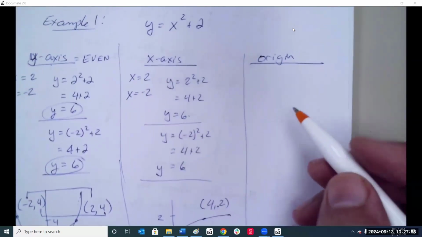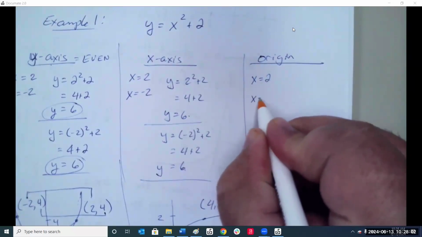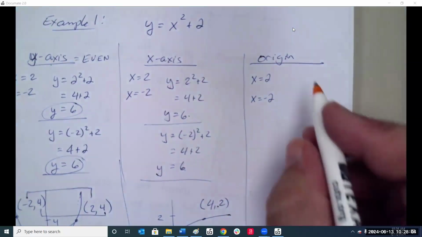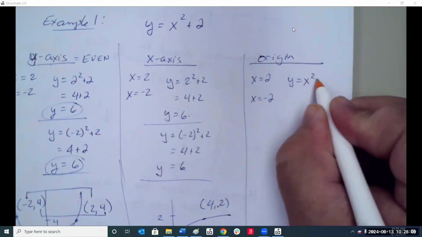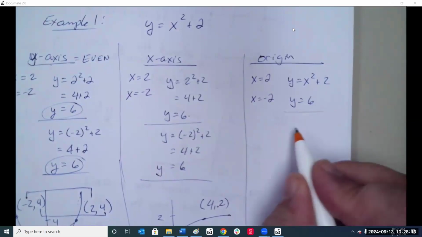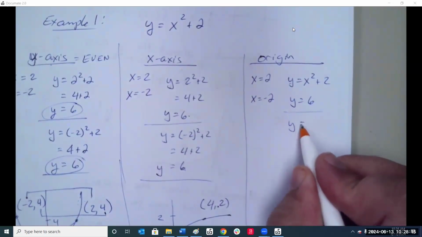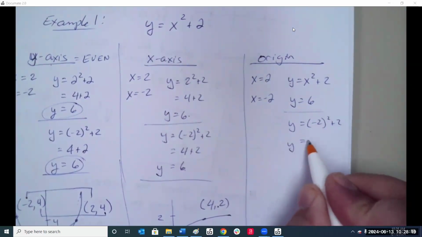And the origin. We use the same two values. We know that's going to equal 6. We know that's going to equal 6.